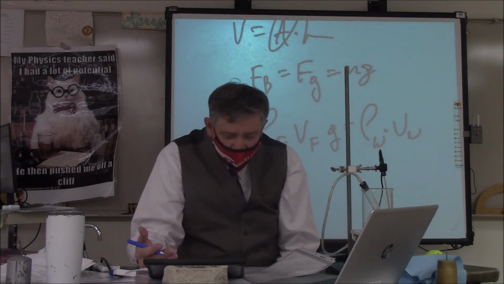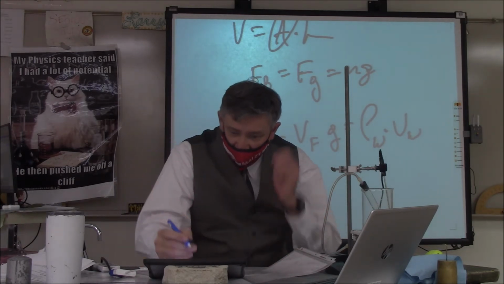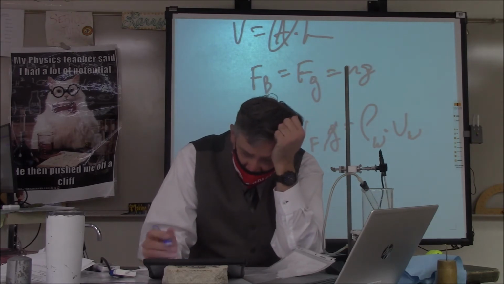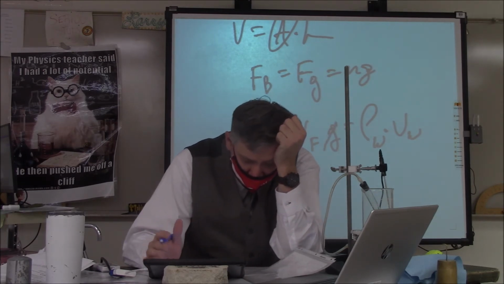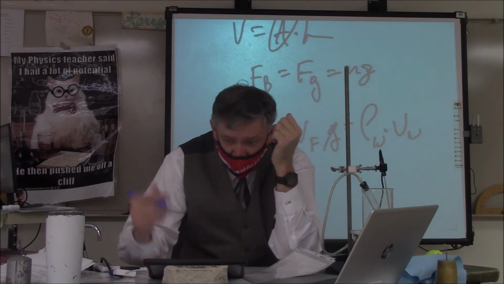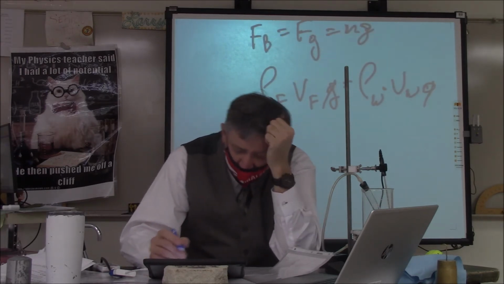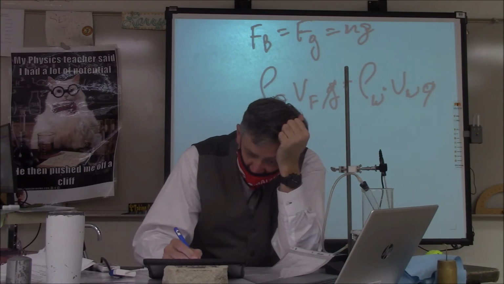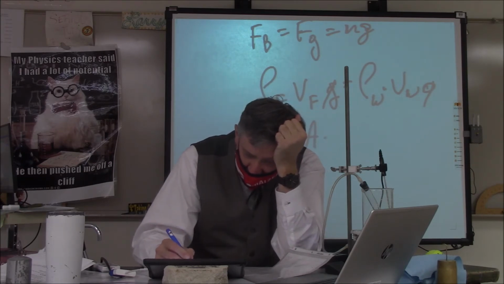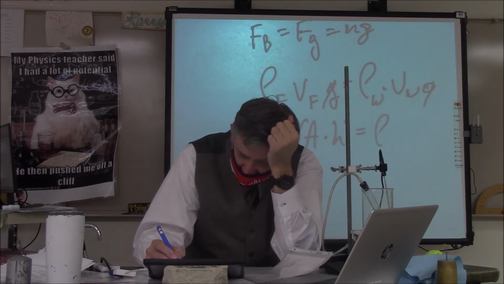You're asked to find a height. You don't have to worry about that g because it's on both sides, so just cancel it out. So this is going to be the density of the fluid times the area times h, equal to the density of the wood times the volume of the wood.